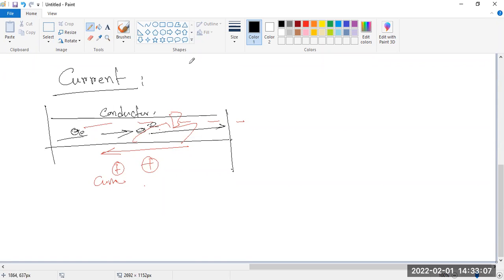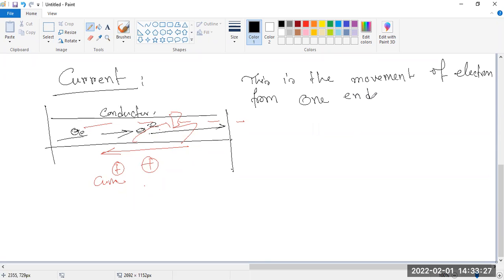So what is the current? This is the movement of electrons from one end of the material, or you may say the conductor, to the other end, which constitutes an electric field.